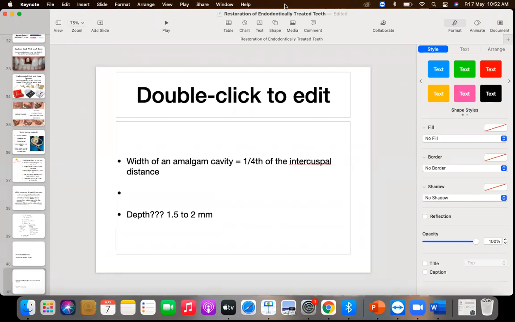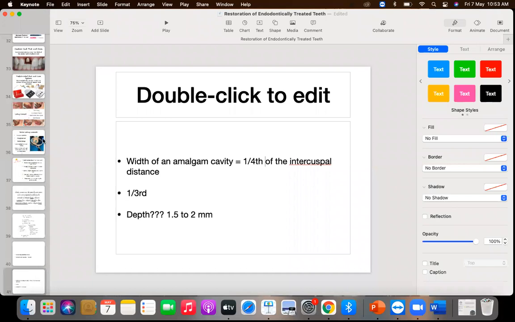Whatever books you refer to, they always have the differentiation between an amalgam cavity and an inlay cavity, right? After reading that difference, one thing you extract is that the inlay cavity and the amalgam cavity are opposites of each other. The amalgam cavity is narrow as compared to the inlay cavity, right? Inlay is done only when the cavity is wider, right? So when you answer 1/3 of the intercuspal distance, it only means you have divided the width of the tooth into 3 parts, only 3, while above we are dividing into 4 parts, right?